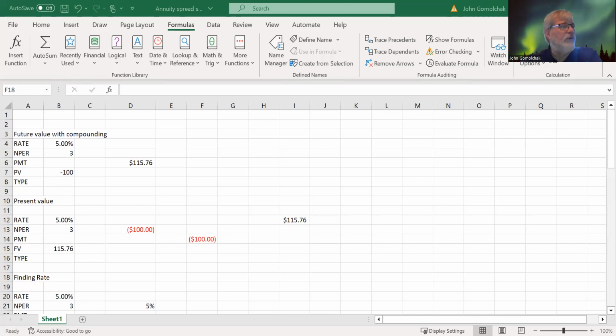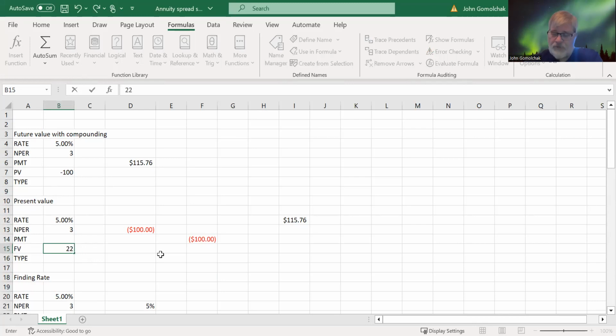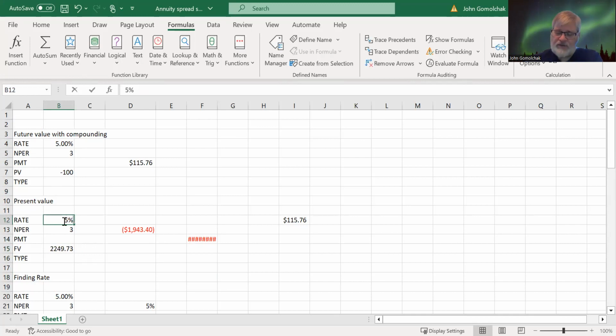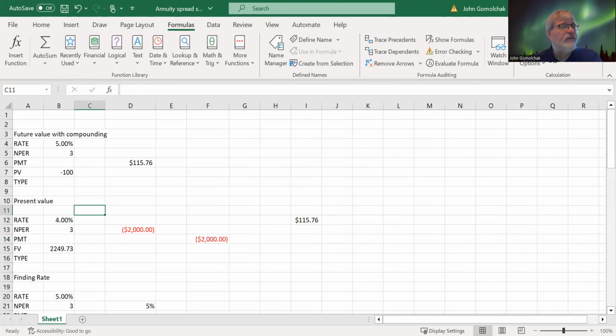So let's see, the question was promises to pay $22.4973. So I'll put that in here at the future value. $22.4973. 3 years. Okay, we have the 3 in there already. And it's 4%, so we'll change that to 4%. All right. The book says it's $2,000. Our Excel calculator said it's $2,000.